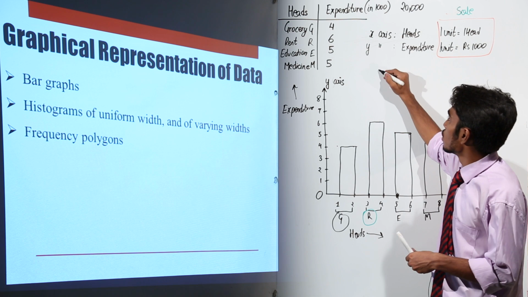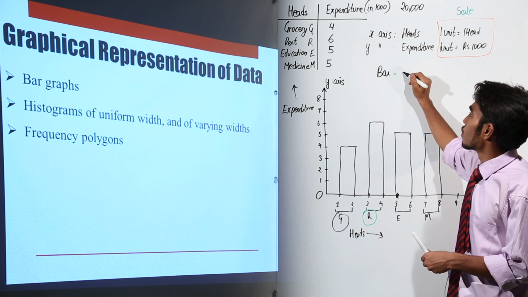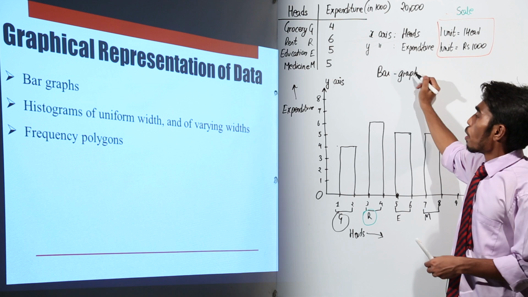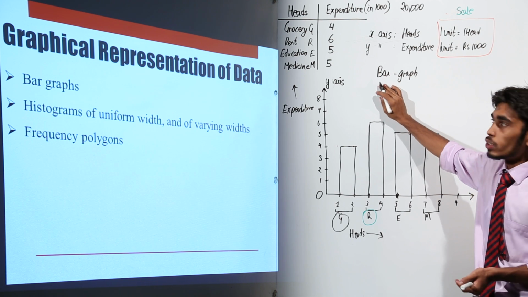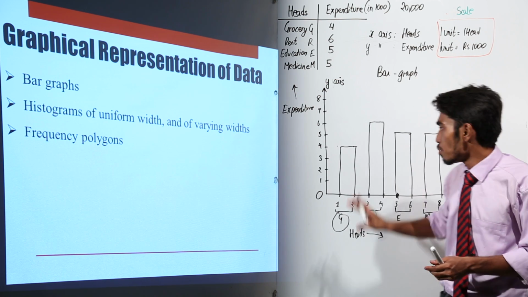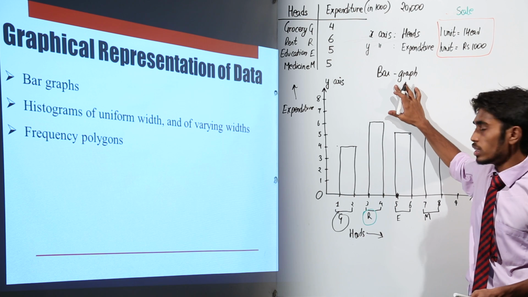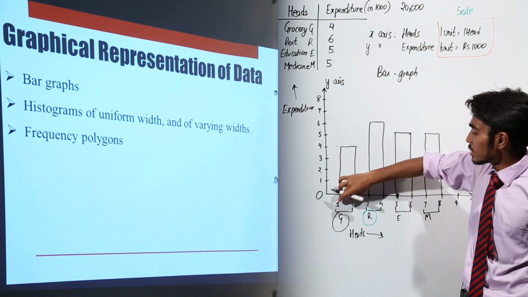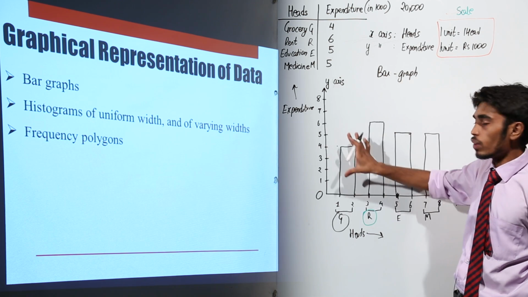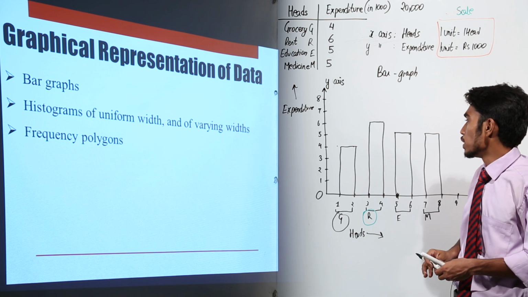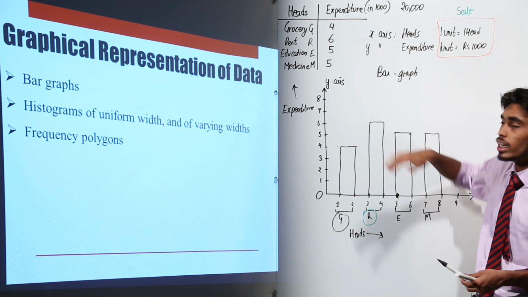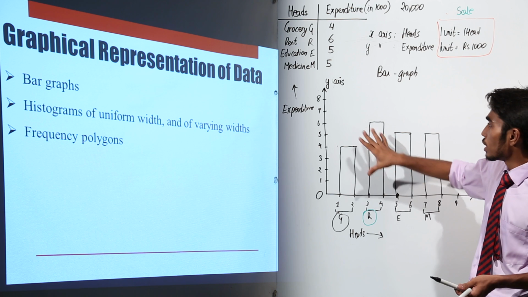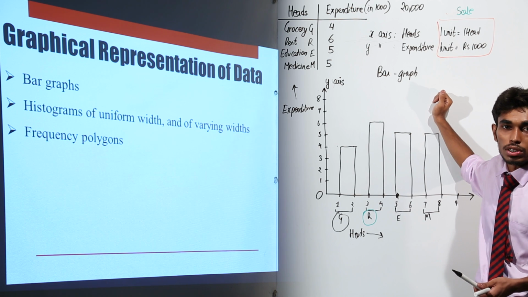This is nothing but a bar graph, right? Bar means rectangle, right? So when you represent the entities with the help of rectangles, then the graph is known as the bar graph, right? On the x-axis we have represented the heads and on the y-axis we have represented the expenditure, right? So it is very easy to draw any inference or any observation from this kind of graphical representation, right?